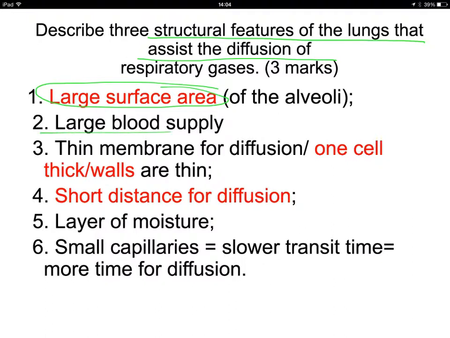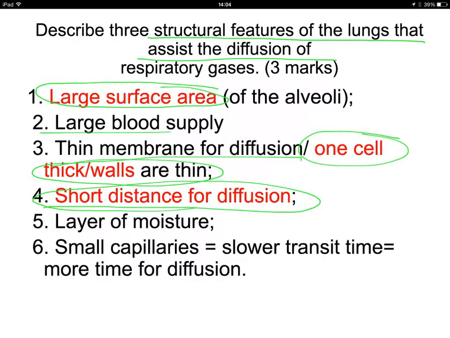Therefore, a large blood supply. The fact that the alveoli are 1 cell thick, in other words, they are thin, makes it easy to diffuse through, and that makes it a short diffusion distance. There's also a layer of moisture within the alveoli which assists that process, and we have small capillaries which allows more time.